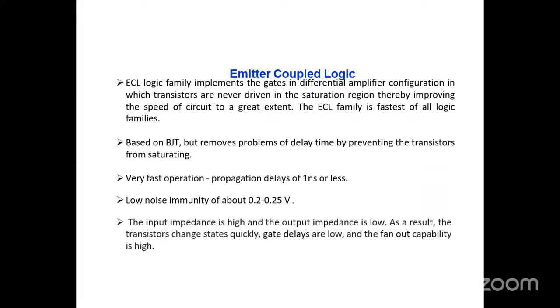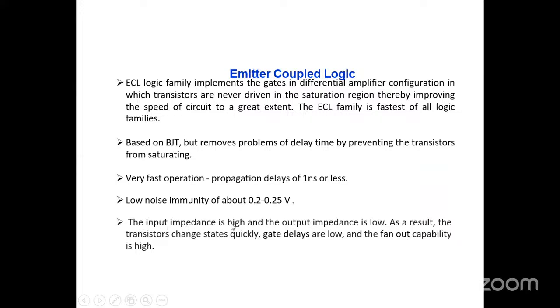The ECL family is the fastest of all logic families based on BJT, but removes the problems of delay time by preventing the transistor from saturation. A very fast operation, propagation delays of 1 nanosecond or less, low noise immunity of about 0.2 to 0.25, a very less noise device it is.